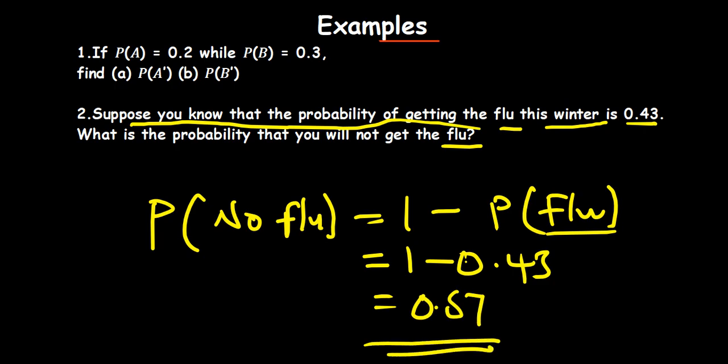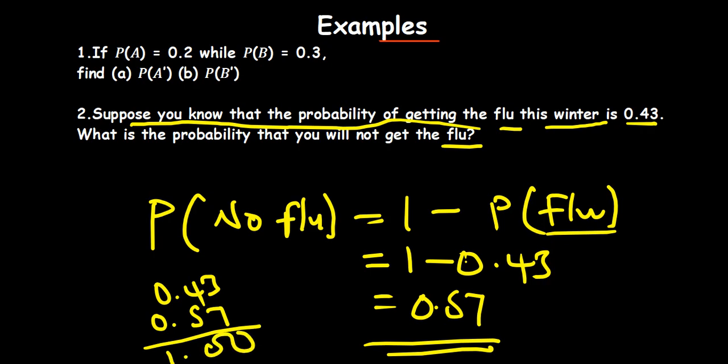That's the probability that you will not get the flu during the winter. What we are seeing here is that complement events, when you add them, should always add up to 1. So if you get 0.43 and then you add 0.57, you're going to get 1.00.